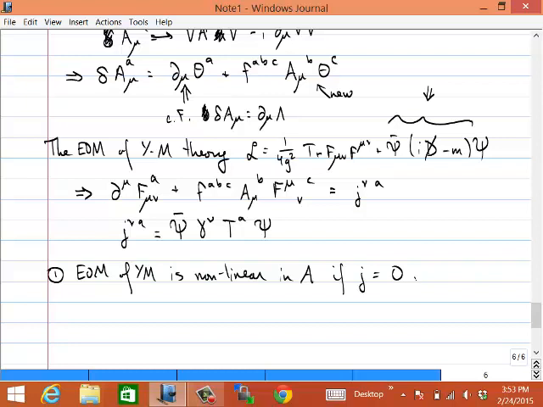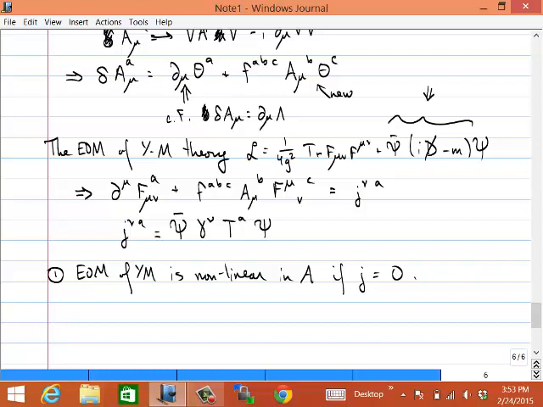One of the most important properties of electromagnetism is that Maxwell's equations are linear. If A1 and A2 are two solutions of Maxwell's equations, so is A3. That's what leads to wave phenomena. That's what leads to constructive and destructive interference. That's what is the basis for every solution for solving Maxwell's equations. Yang-Mills theory is nonlinear.